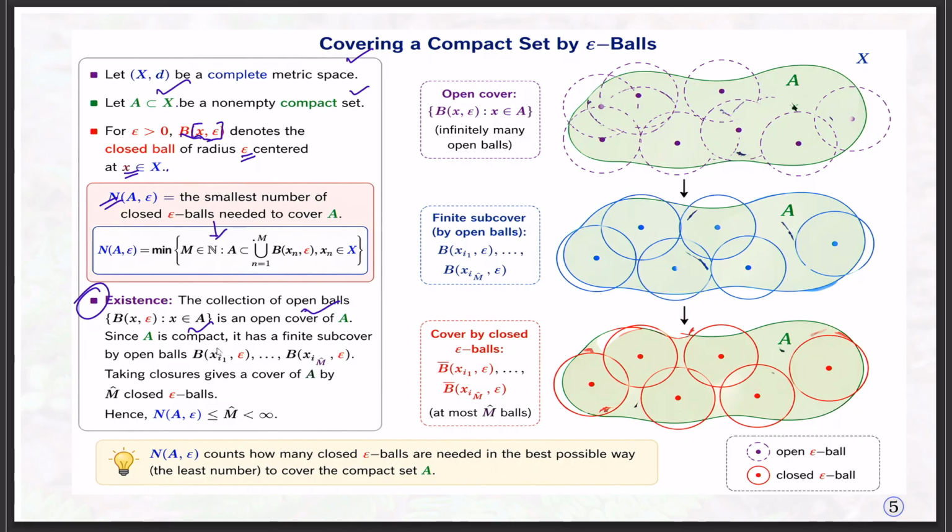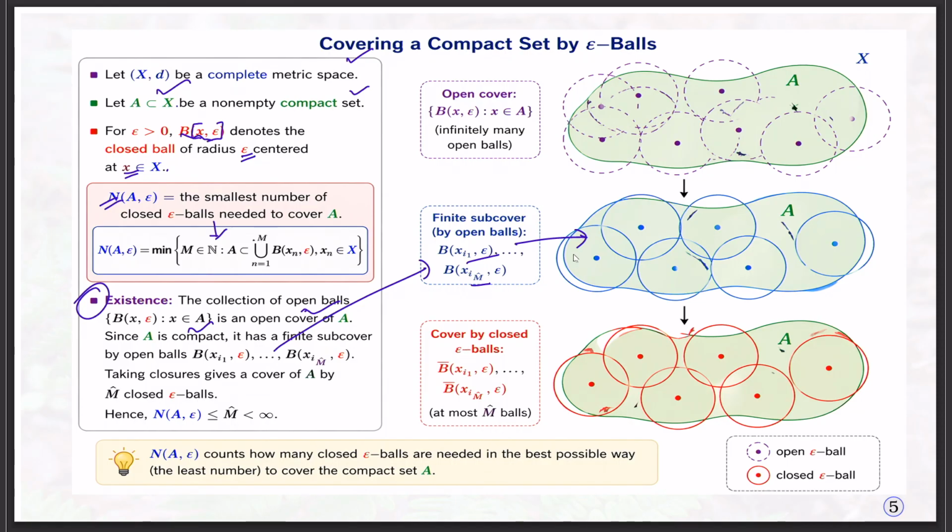By taking the closure of all these balls, one can get closed balls which cover A, and you can take the number m bar. So N of A comma epsilon is less than or equal to m bar. Here, this is my X, this is my A. By taking balls around points in X, one can generate the open balls. These open balls have a finite subcover, as given here.